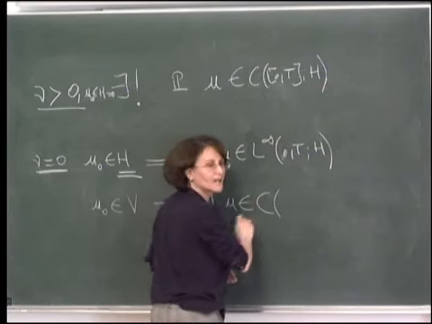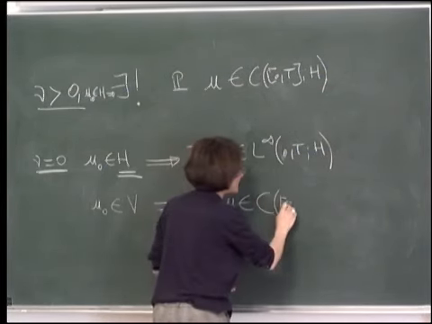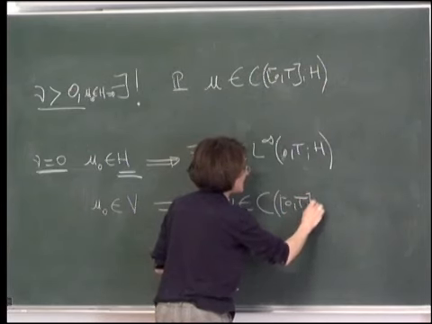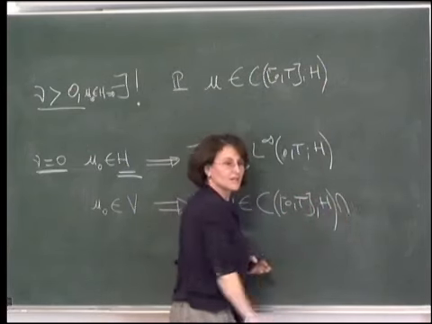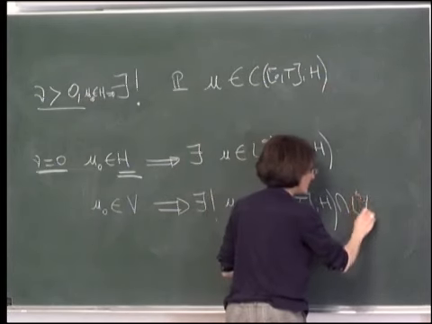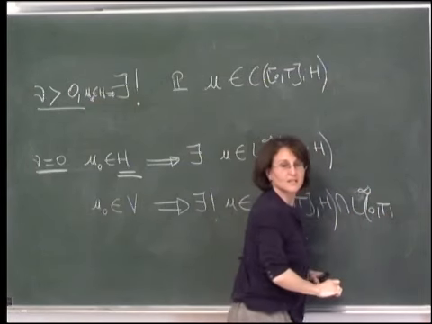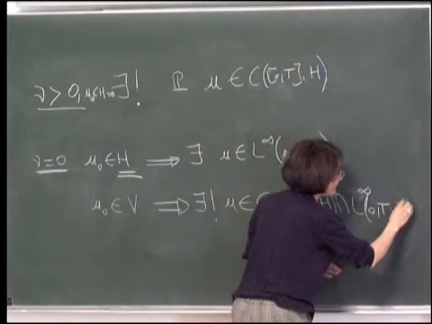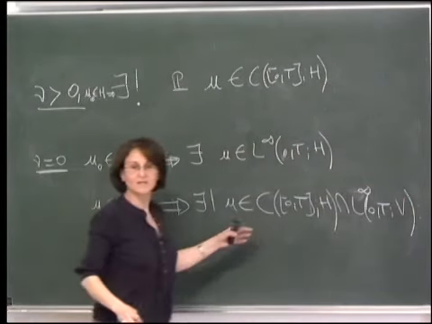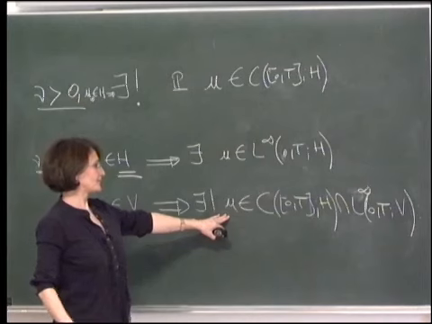At this point we can prove the continuity on 0 to T with values in H, intersection L2, 0 to T, actually L infinity, 0 to T with values in V. I think this is what we prove.